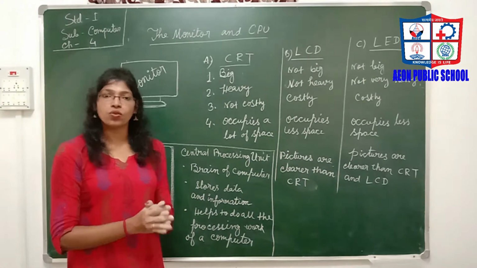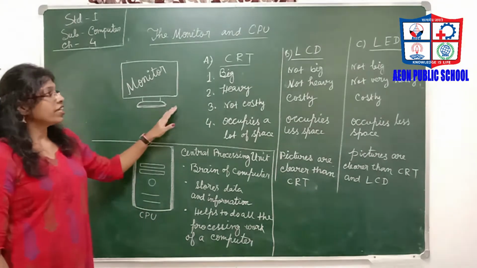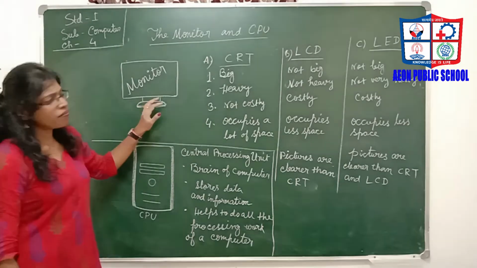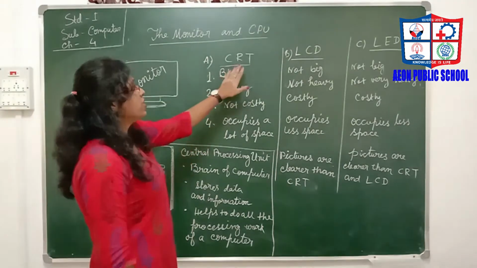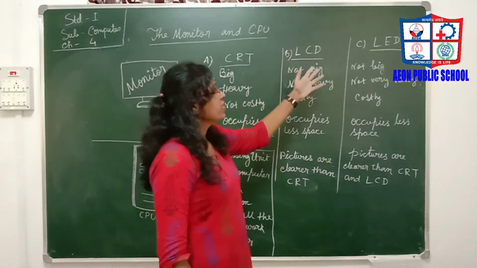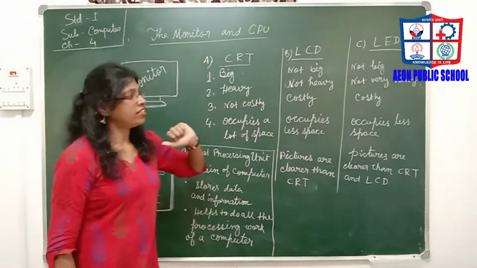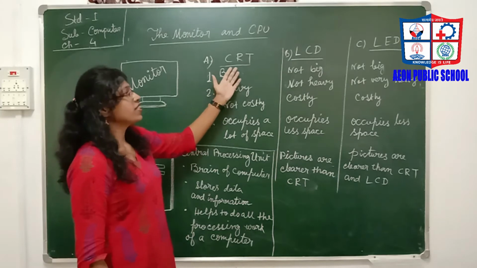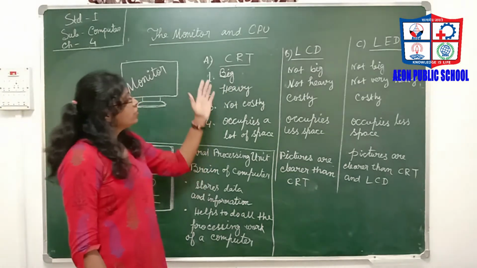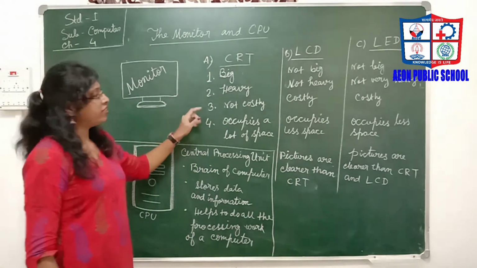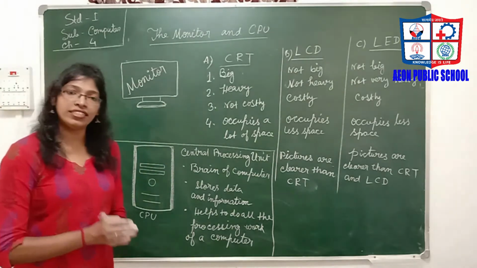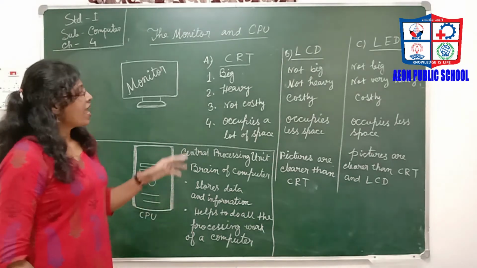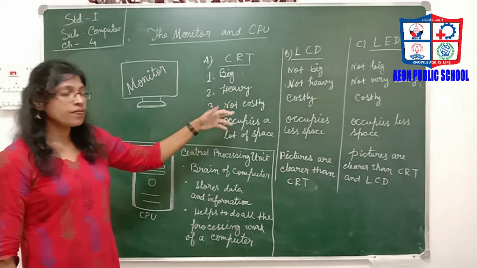Now we will learn that a monitor may be of different types. Mainly three types: CRT, LCD and LED. Let's start with the CRT. A CRT monitor is big in size and heavy.